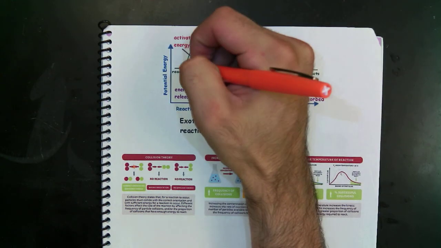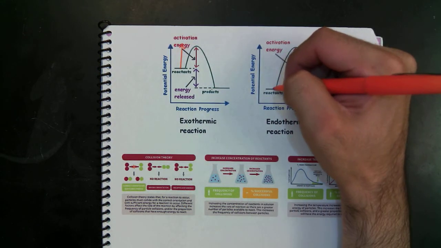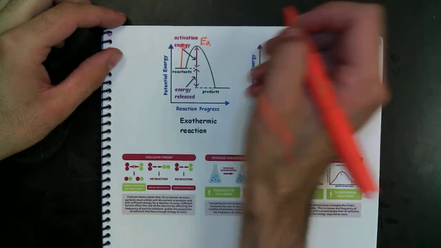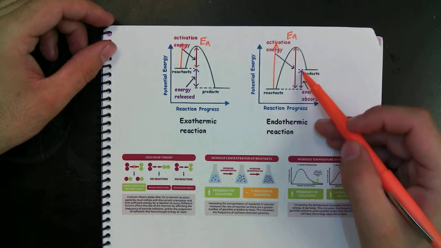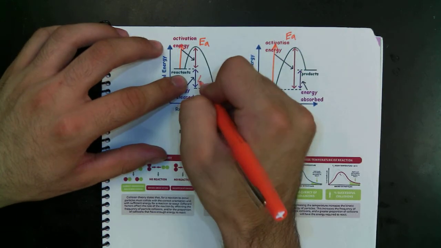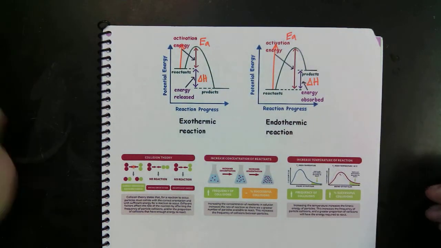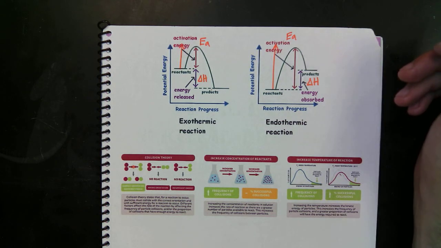The activation energy is the distance from the reactants to the top. It's representing how much energy has to go in to start the reaction, right? It's the minimum amount of energy required to start. And then the energy absorbed or released, the net energy, or delta H, is represented by this arrow here. Remember, they're reverse. If you're looking at the reverse reaction, they're sort of inverses, a flipped image of each other.